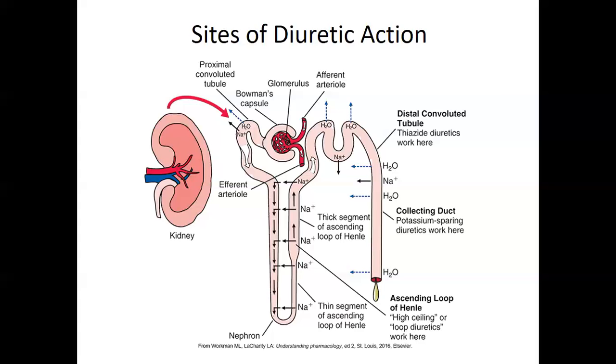When it comes to drug interactions, you want to watch for increased loss of potassium. The increased loss of potassium can result from use of the thiazides and the loop diuretics if the patient is taking some type of corticosteroid or certain antibiotics.